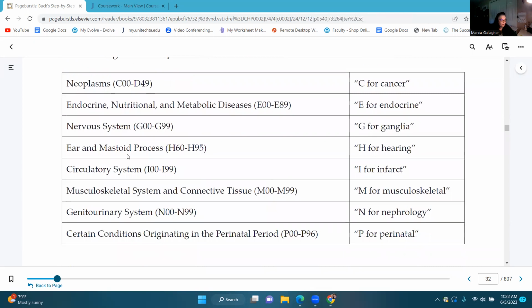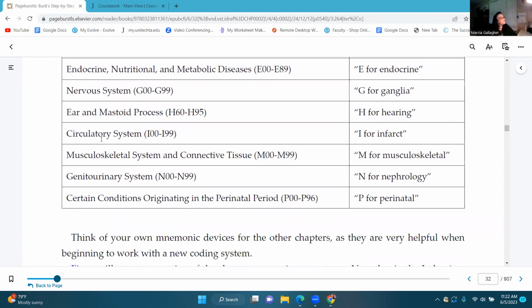Ear and mastoid process, H60 through H95. H is for hearing. Circulatory system, I00 through I99. I for infarct. Musculoskeletal system and connective tissue, M00 through M99. M is for musculoskeletal.